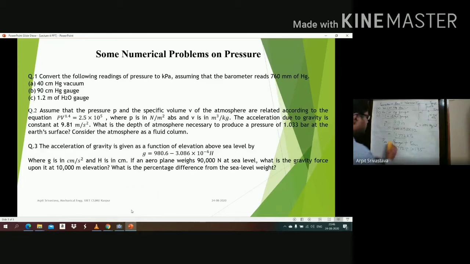Firstly, we have to draw a figure to understand this problem.